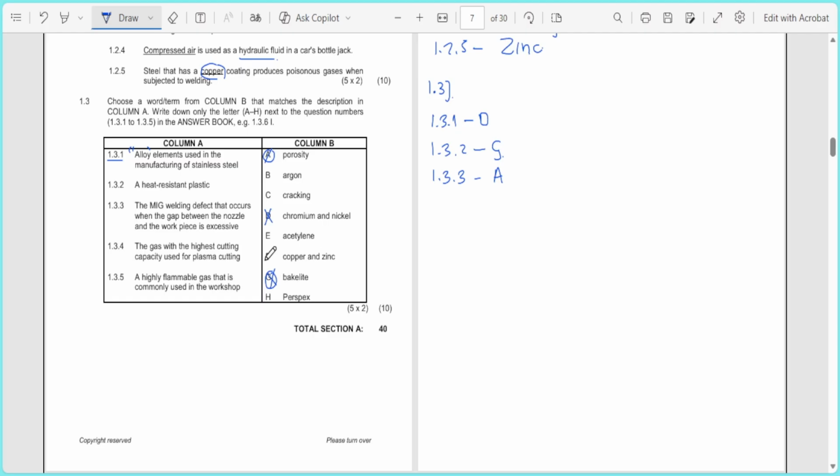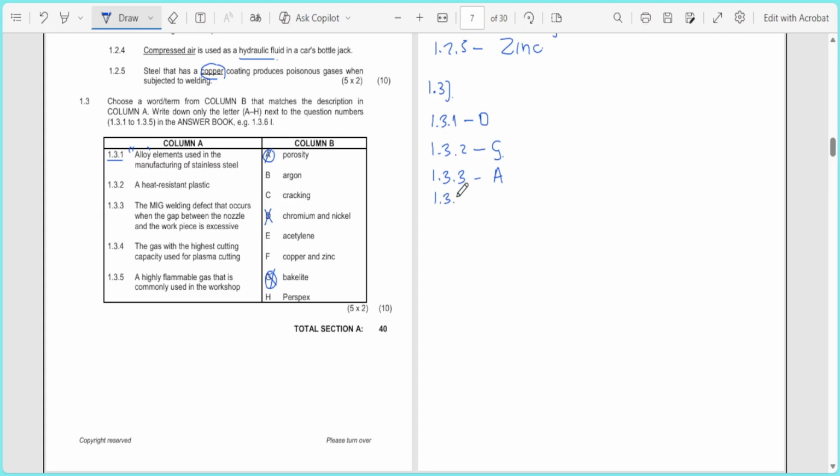Porosity refers to gas pockets or voids in the weld bead. When the nozzle to work distance is too great, shielding gas coverage becomes inadequate. So this is the appropriate one. Yes, A, definitely.